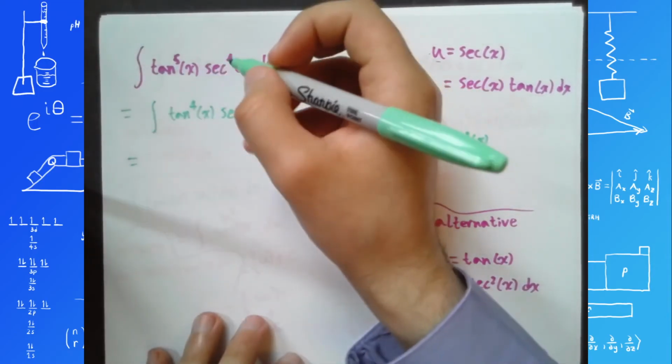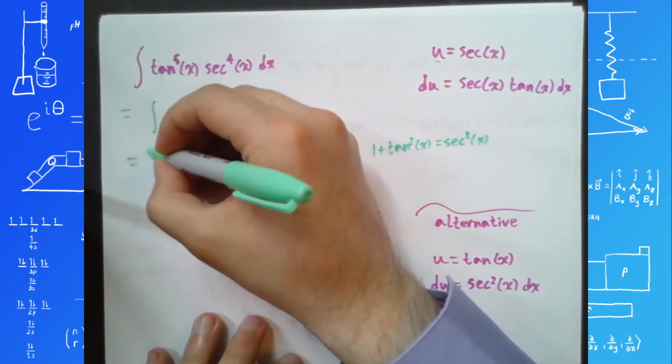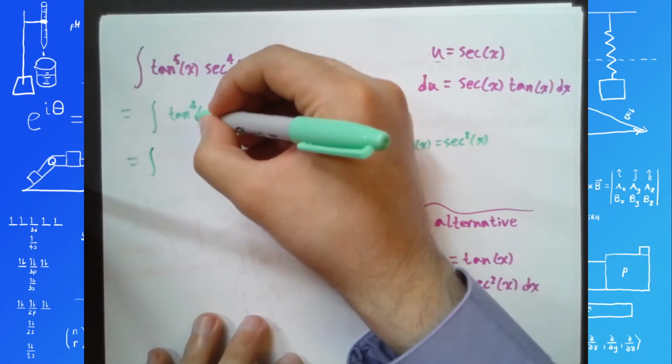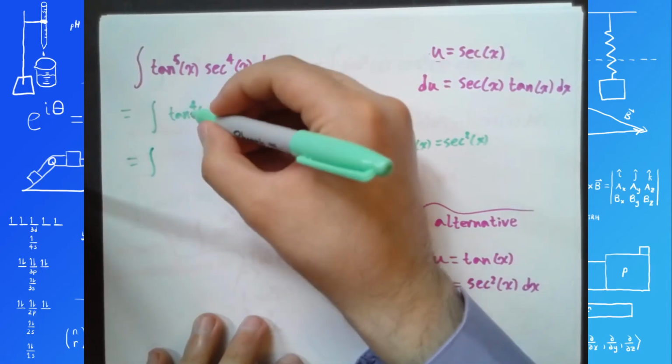Okay, so then tangent to the fourth is secant squared minus 1 squared.